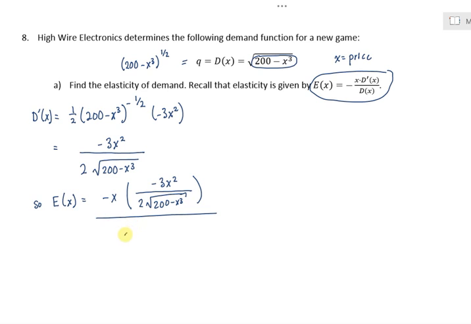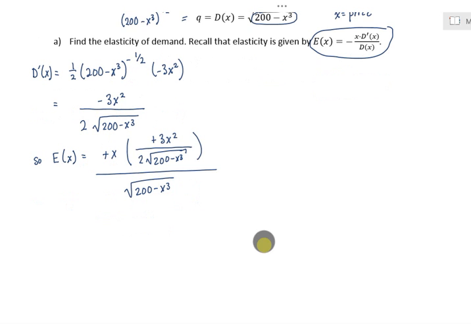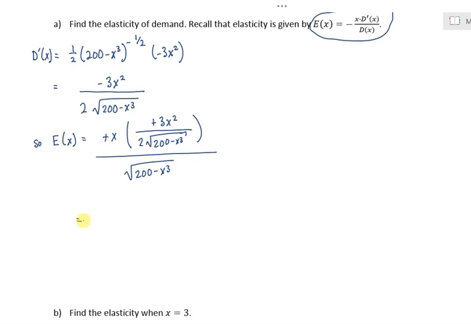So d is root 200 minus x cubed. Okay, these two negative signs are going to cancel each other out. So we're going to get 3x cubed over 2 times root 200 minus x cubed.